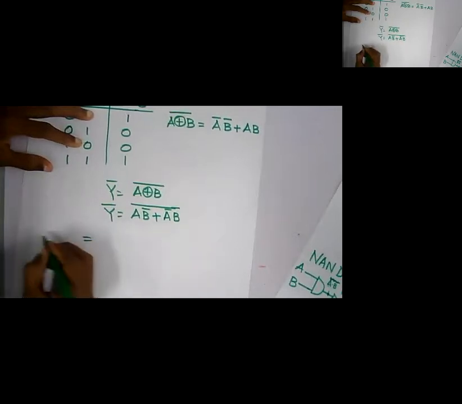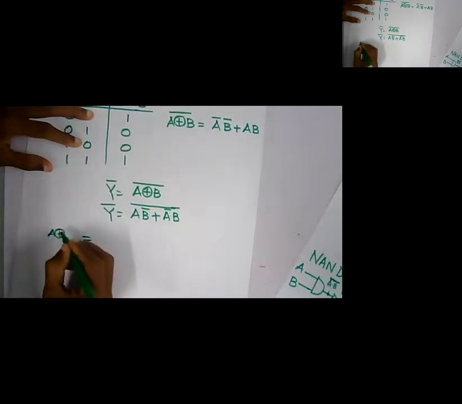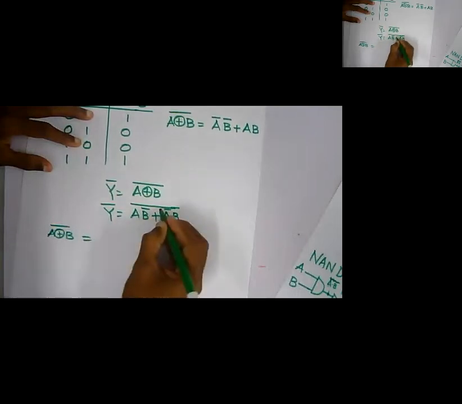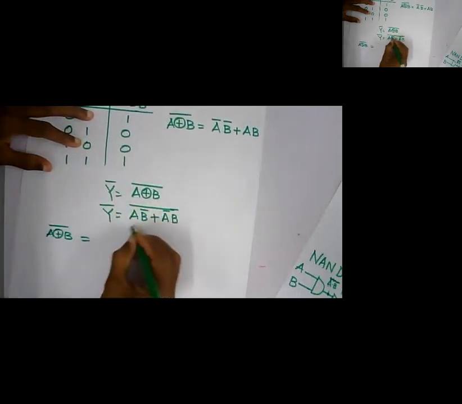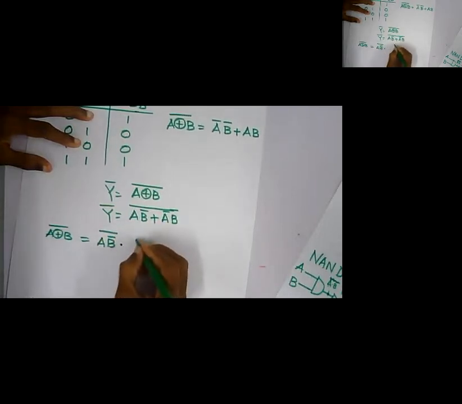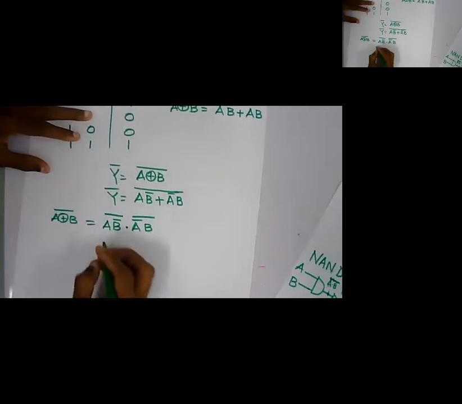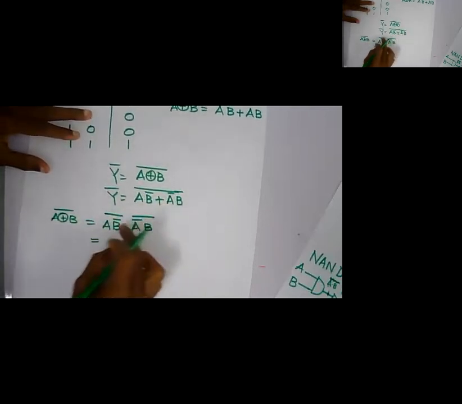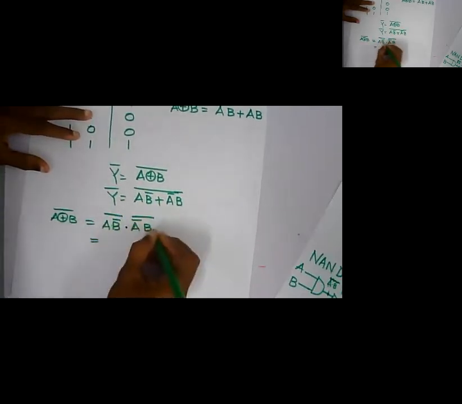Now let me expand it. A XNOR B can be written by putting the bar first: (A B bar) bar, and plus becomes dot, then (A bar B) bar. Now I'll apply De Morgan's theorem on the first and second terms.